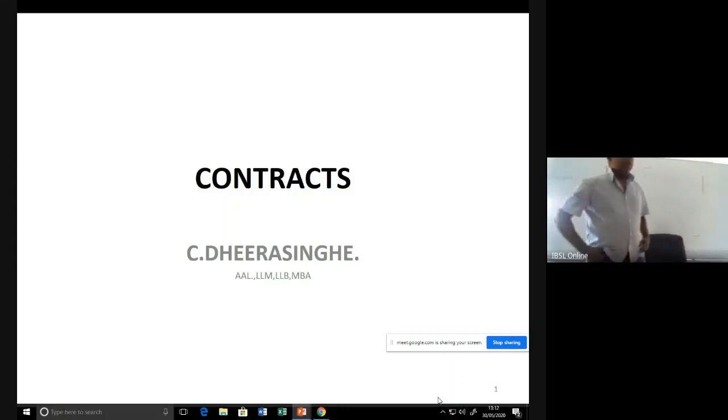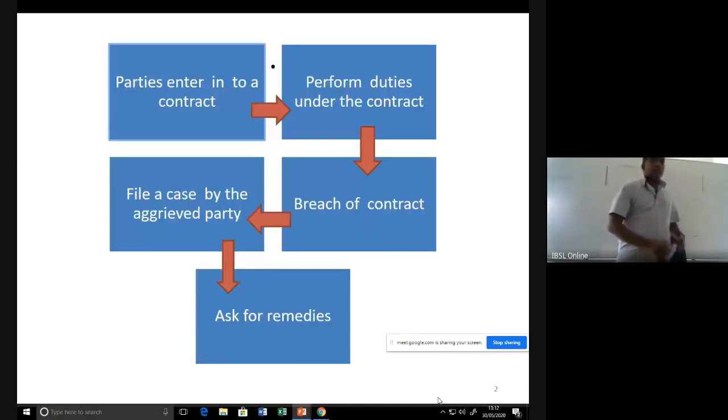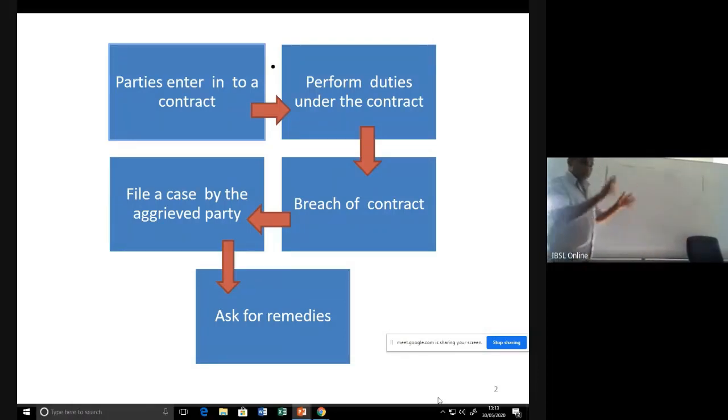I'll start. Today we are going to discuss contract law. What is a contract? The first slide that I have given here is a diagram, a picture, of how a contract law issue proceeds. So in the first quadrant that you can see, the parties enter into a contract.